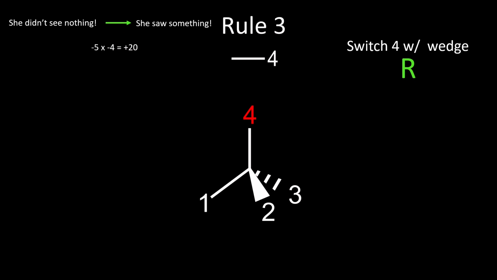If we switch the 4 with a wedge, then we will need to switch the end result. So we have anti. However, by switching it to a wedge, we now have a 4 on a wedge, which means we are looking at the backside of the molecule. If we were to draw our arrow with the 4 sticking out at us, we would have to switch the end answer.